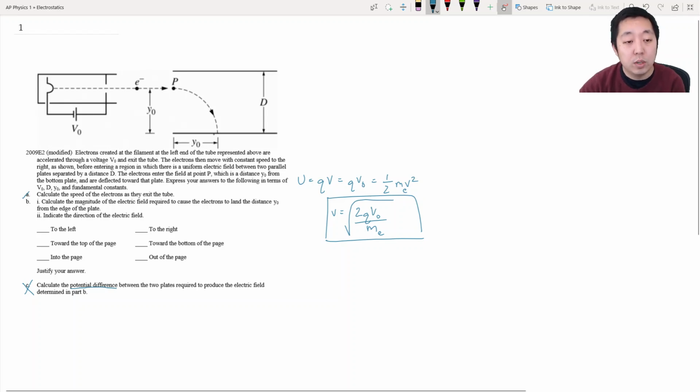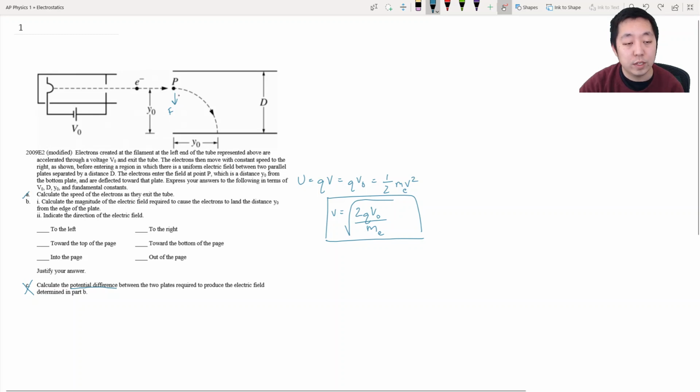Okay, so this is almost kinematics, because at this point what this particle needs to feel is a force. This is a uniform electric field. I haven't said anything about the direction.